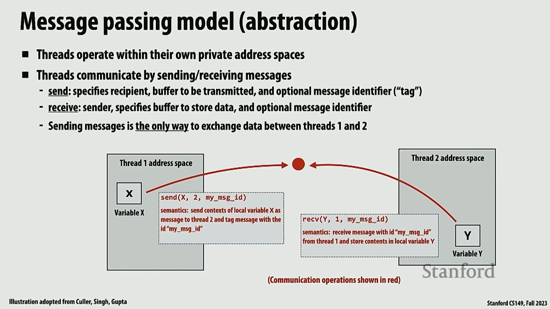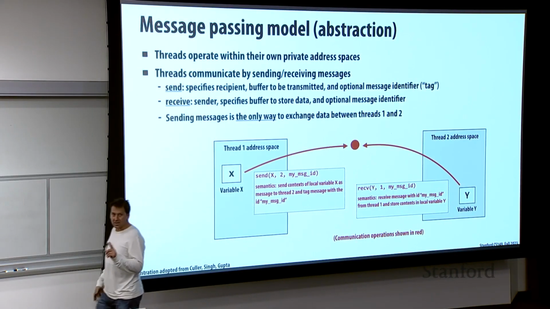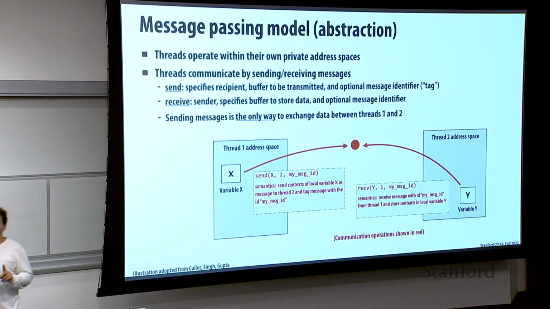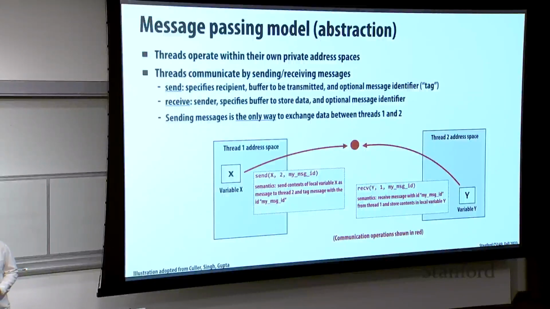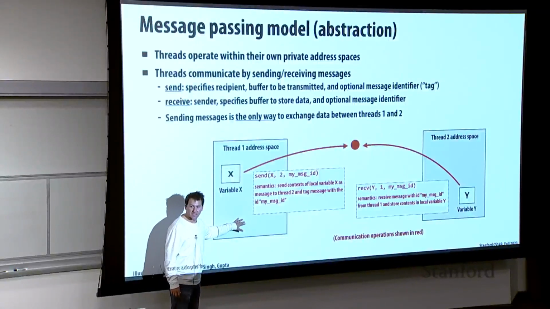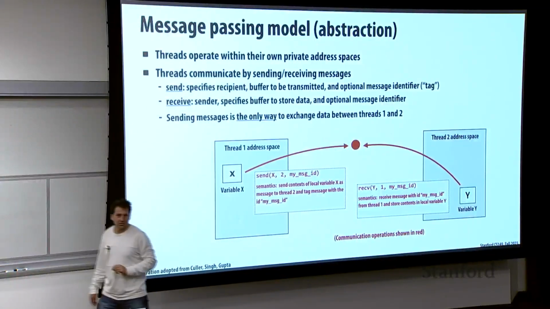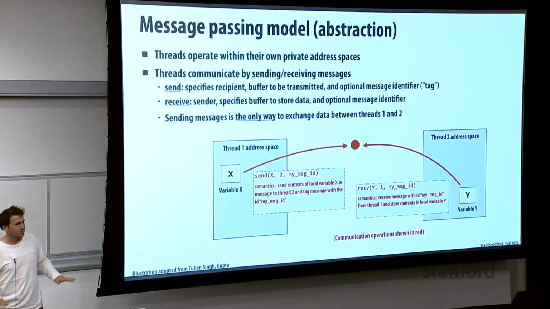But the name of the game is I have 2 different computers or 2 different threads, and each thread, keyword now, works in its own address space. So address X in thread 1's address space is not the same address as address X in thread 2's address space. They are different address spaces.